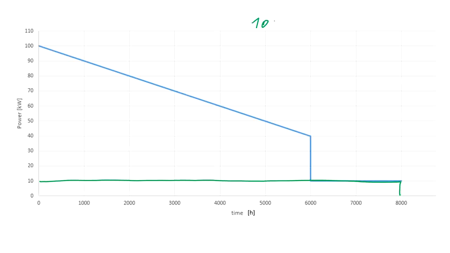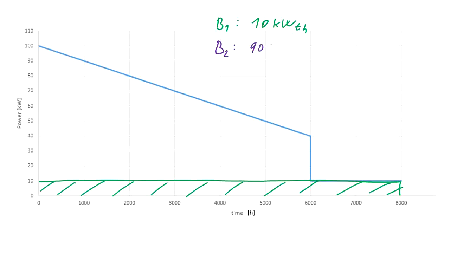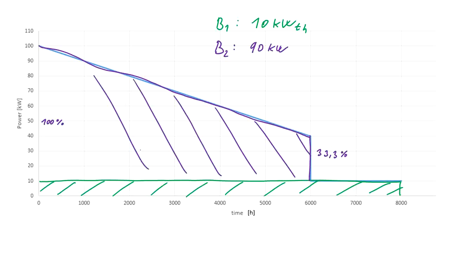So we would have 10 kilowatts for boiler 1, which would be running full power all year round, and the second boiler would be 90 kilowatts, where at the end of the heating season we have 30 kilowatts of power output, so here it would be running at full power, here it would be running at 1/3. So this is the option.